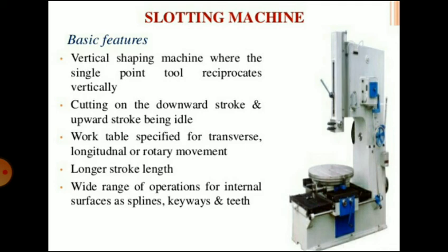In a vertical shaping machine, where the single point cutting tool reciprocates vertically, that is called a slotting machine. Cutting occurs in the downward stroke, and the upward stroke is idle. The work table is provided for transverse, longitudinal or rotary movements.